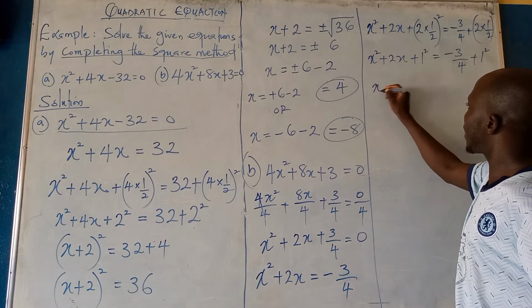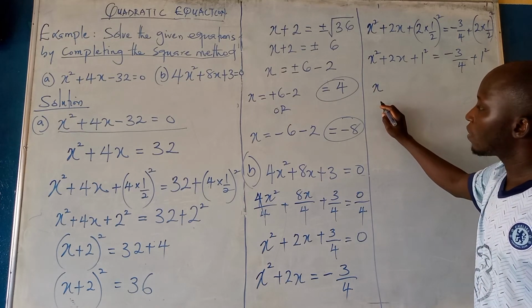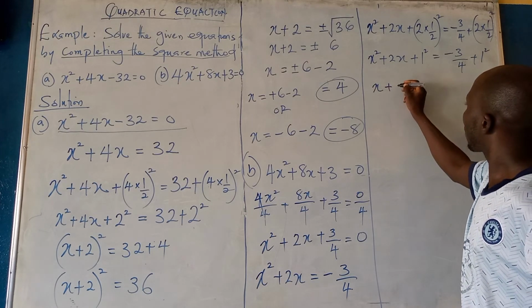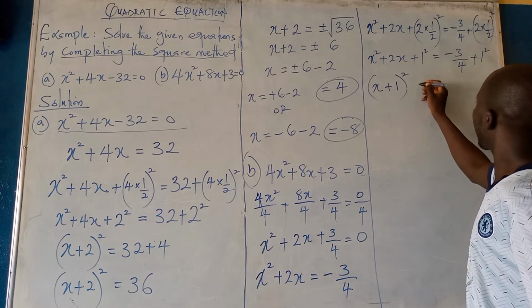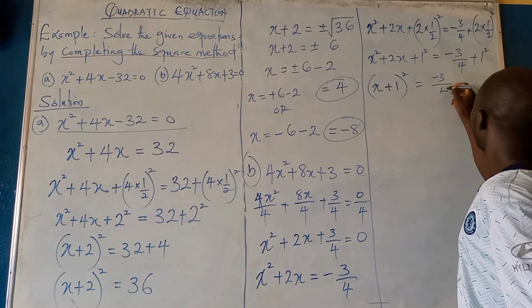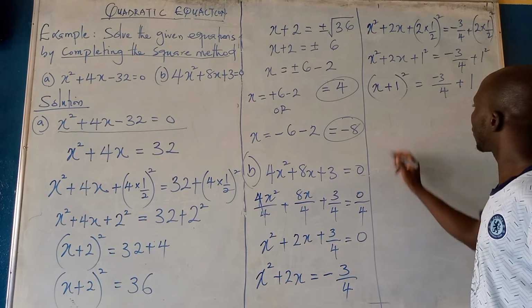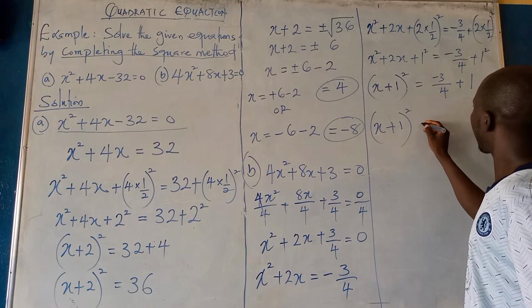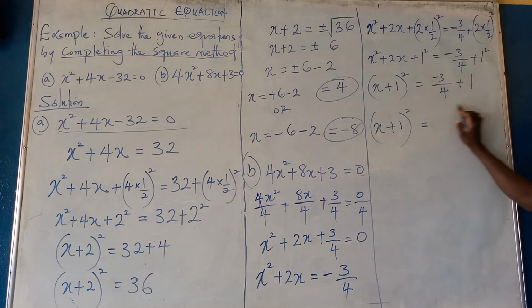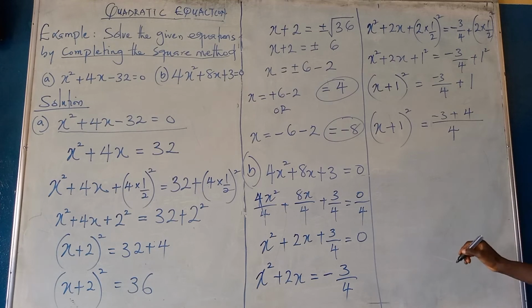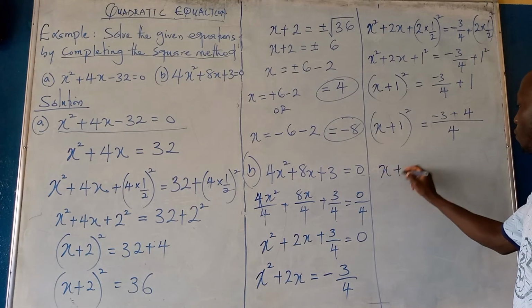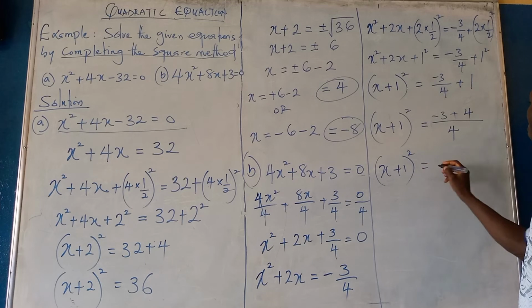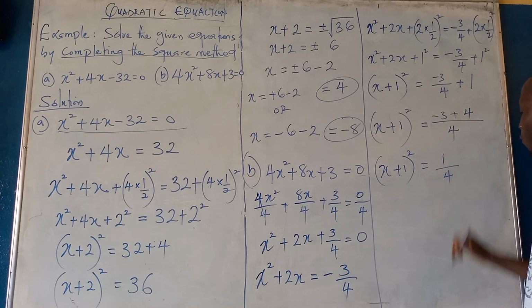So we have x plus 1 all squared equals minus 3 over 4 plus 1. If you take the LCM, we have minus 3 plus 4 over 4, so x plus 1 squared equals 1 over 4.